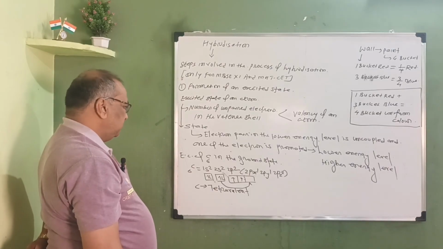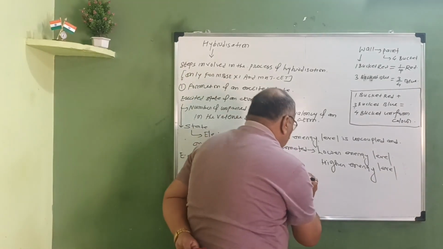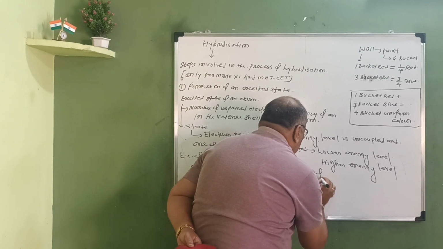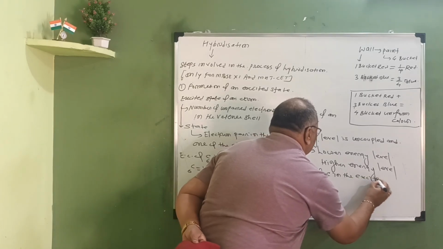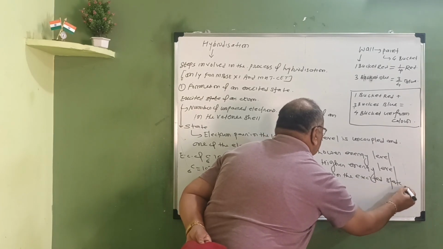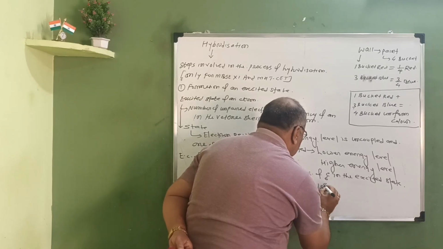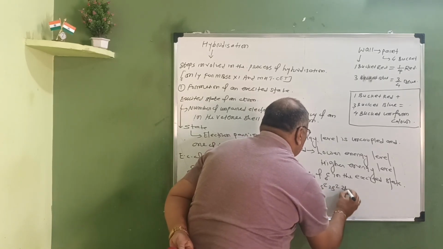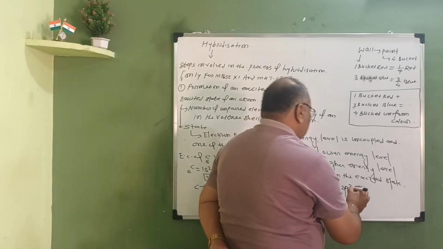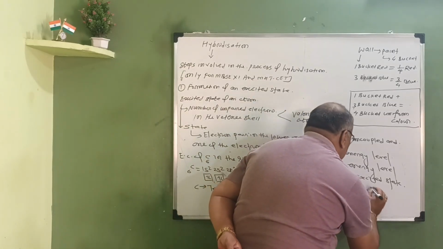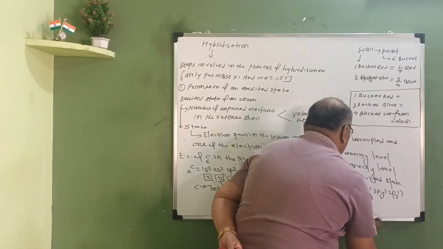That means here the electronic configuration of carbon in the excited state is 6C, that is 1s2, 2s1 and 2p3 here. That means 2px1, 2py1 and 2pz1.